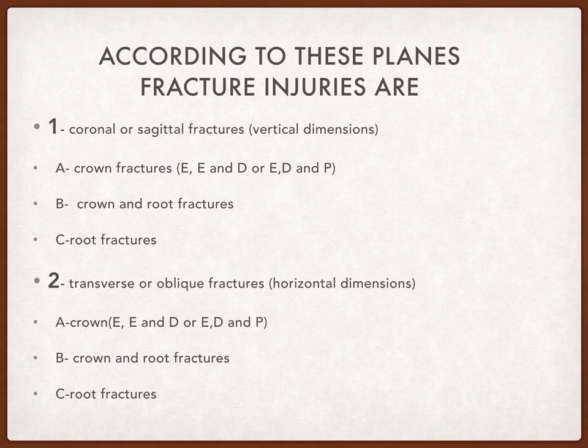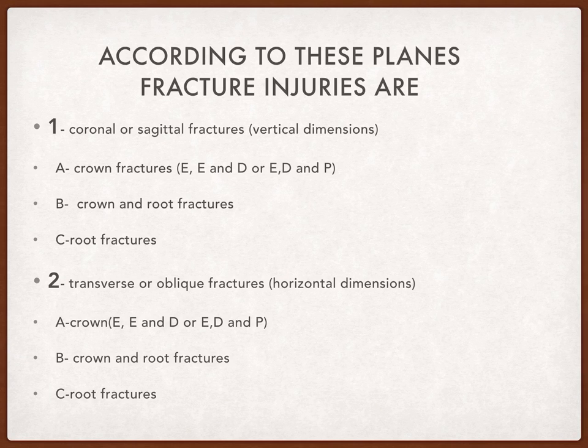So, guys, we have only two types of fractures that happen to the tooth: vertical fractures and horizontal fractures. Each one of them will affect the crown only, or extend and affect the crown and root, or affect the root only.